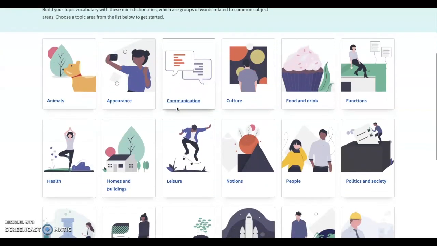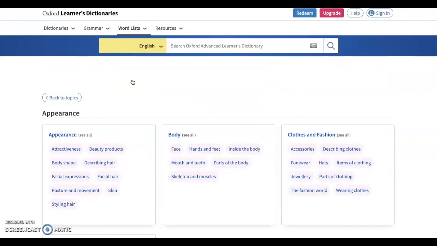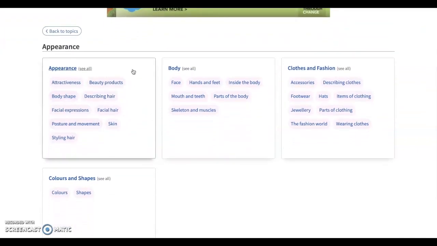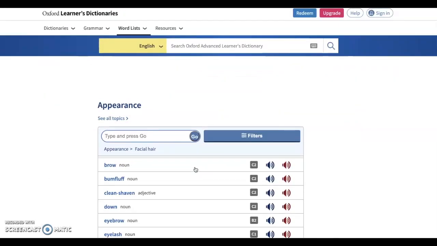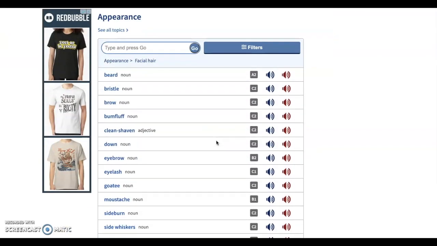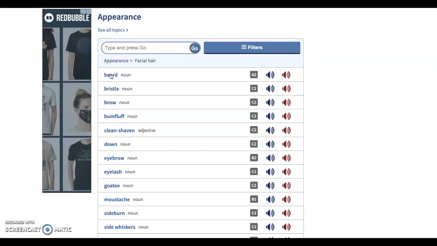Let's say I'm preparing for a speaking test and I know that I'm going to talk about someone's appearance. So I click on appearance and then I want to talk about this person's facial hair, for instance. So I click on facial hair and I get all the words that are related to a person's facial hair.